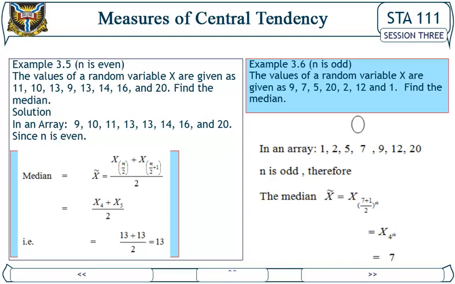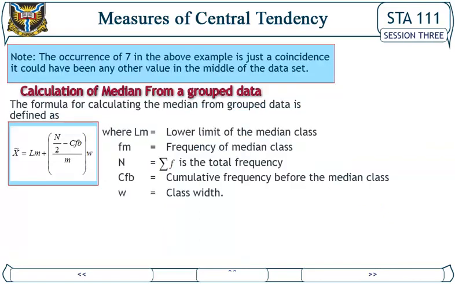Therefore, the median x bar is equal to x at (7 plus 1) over 2, which is x fourth, equal to 7. Note, the occurrence of 7 in the above example is just a coincidence. It could have been any other value in the middle of the data set.